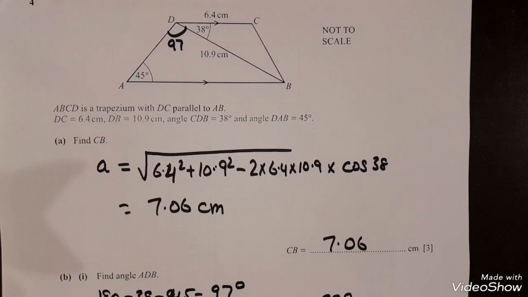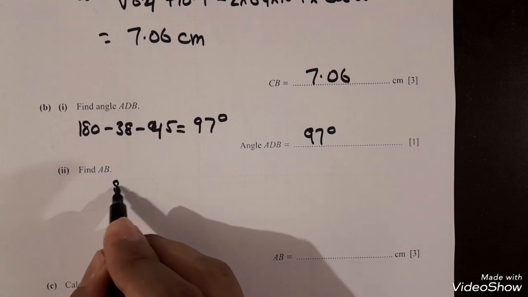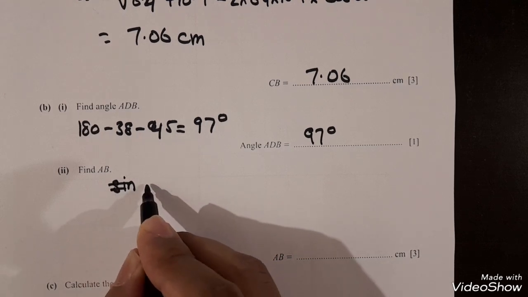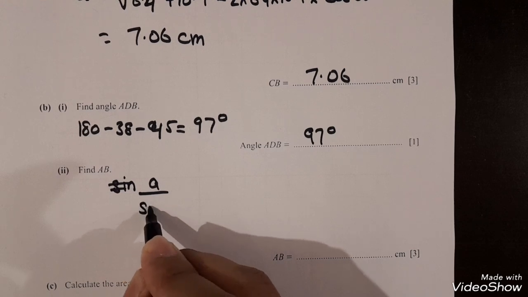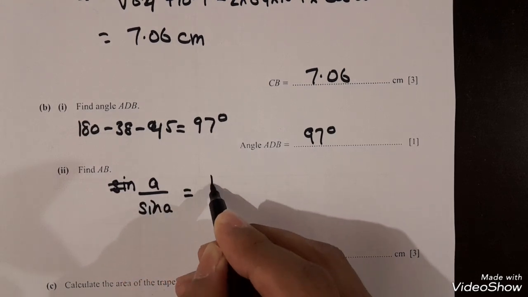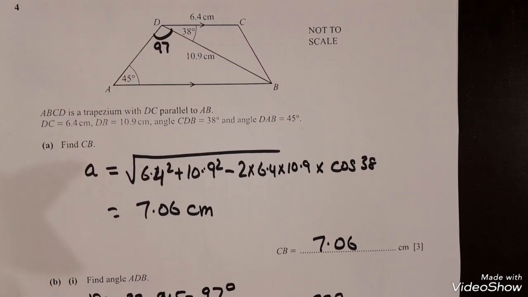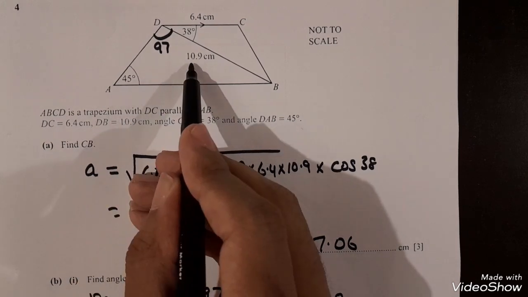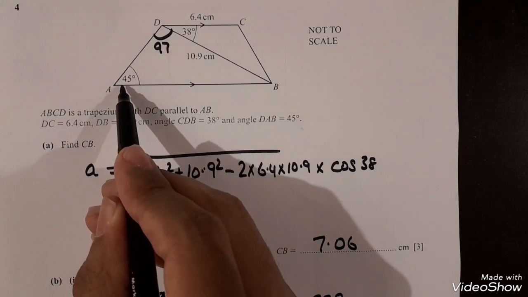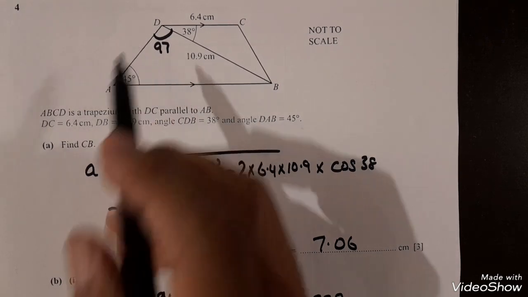So we will use sine rule, which is A divided by sine A is equal to B divided by sine B. Now over here we will represent A as 10.9 and sine A as 45. Then sine B will be 97 and B will be X.